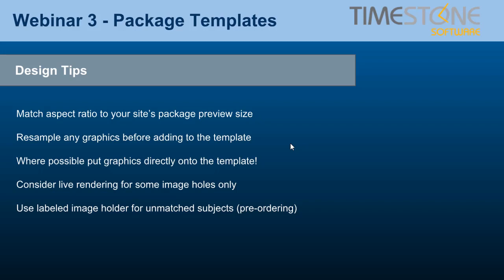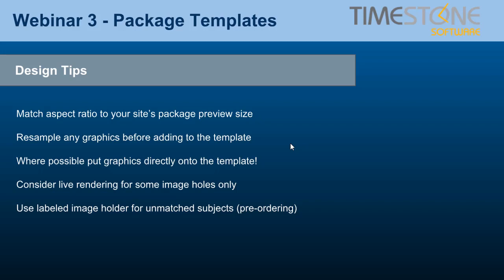So we've already talked about the aspect ratios issue. If you match the aspect ratio of your package template with your site's package preview size, you're optimizing the space that's available in iOS. And I think that's a good thing. Certainly number 2, resample any graphics before adding them to the template. Can't stress that enough either. It will make your life easier when you're uploading, but also a better user experience for your customer because the packages will render faster.